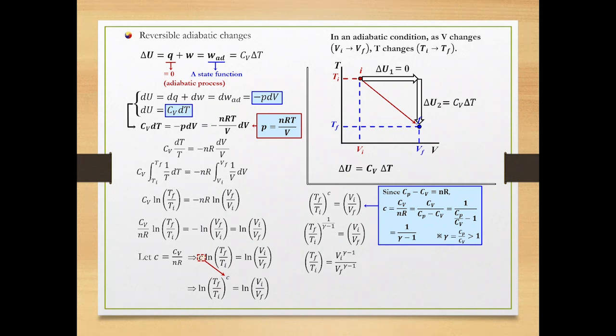Rearrange the equation like this. Ti Vi to the power of gamma minus 1 equals Tf Vf to the power of gamma minus 1. It implies that T V to the power of gamma minus 1 is always the same in a reversible adiabatic condition, no matter what state the system is positioned.